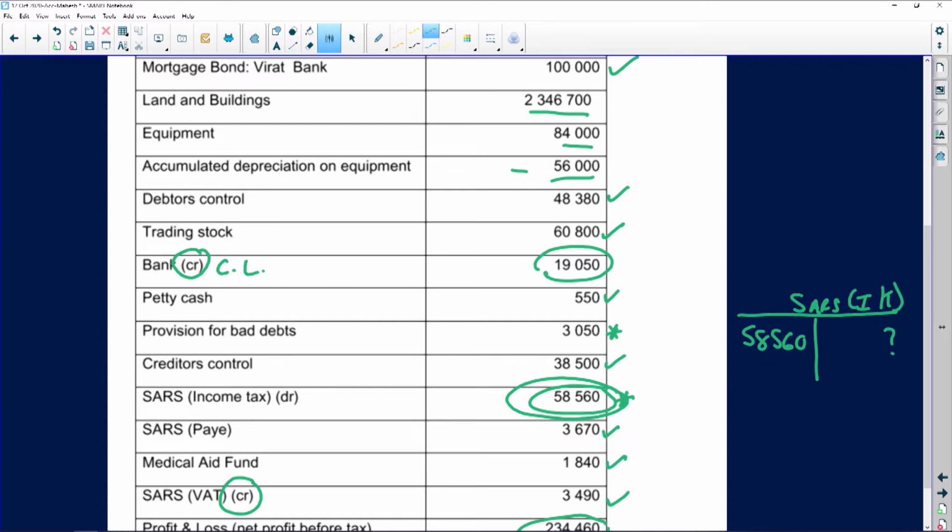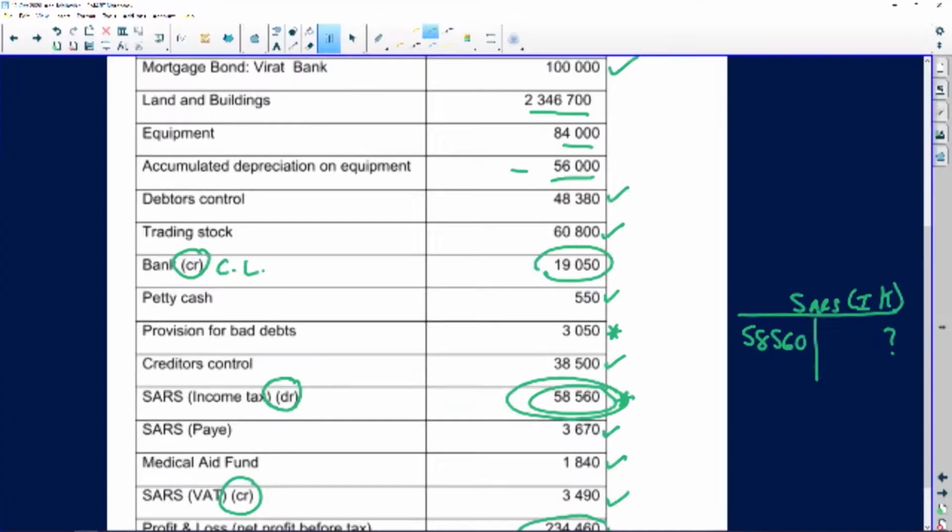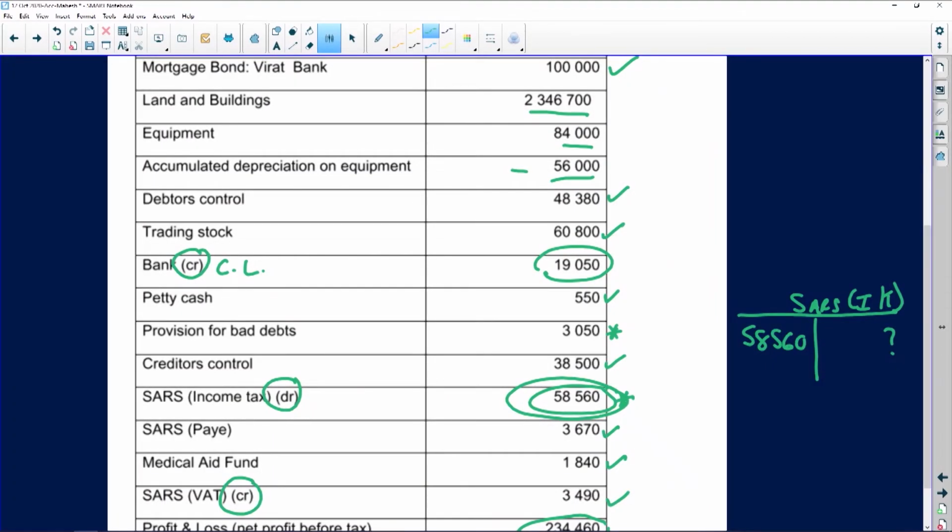How do I know this was a payment? Because obviously the word debit implies that these were provisional payments made during the financial year. So my income tax for the year is clearly not given to me, but from the question itself, they are telling me that we overpaid SARS by an amount of 2,000 Rand. In other words, at the end of the financial year, SARS owes the business. There's a debit balance of 2,000 Rand.